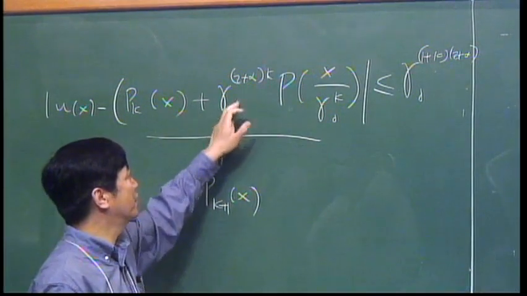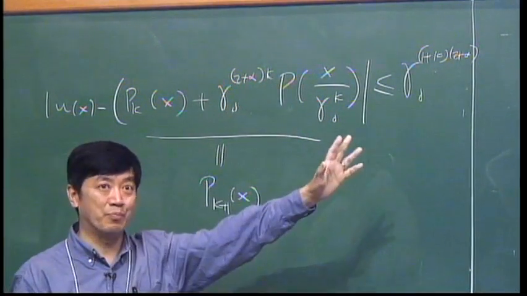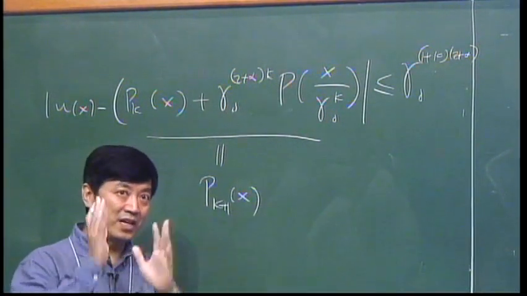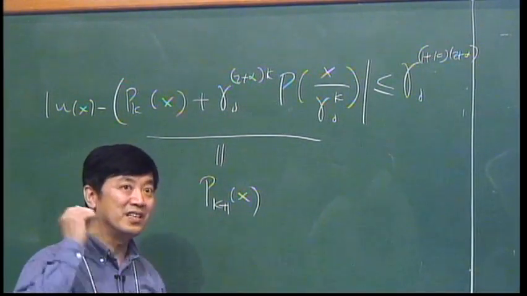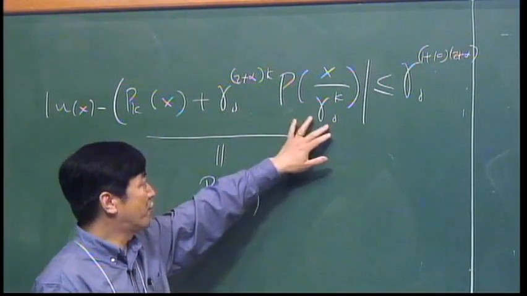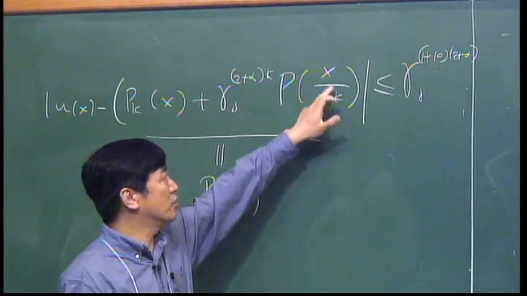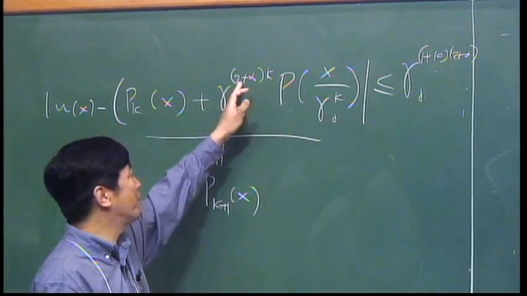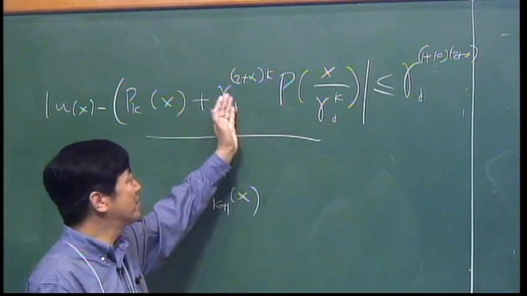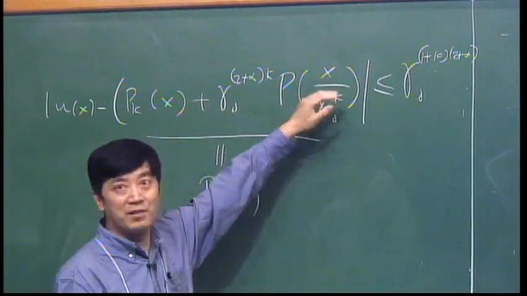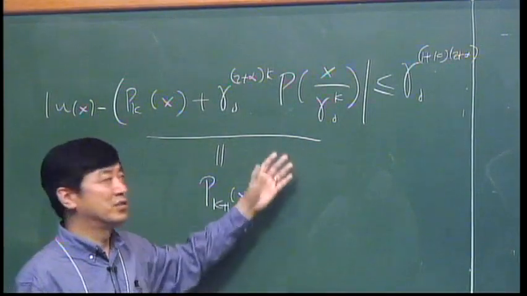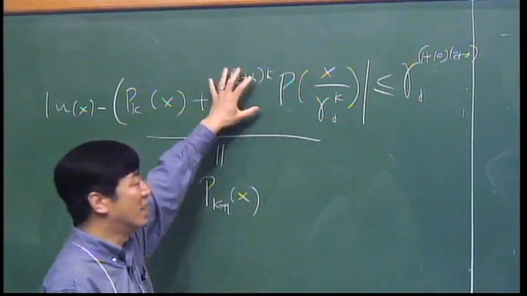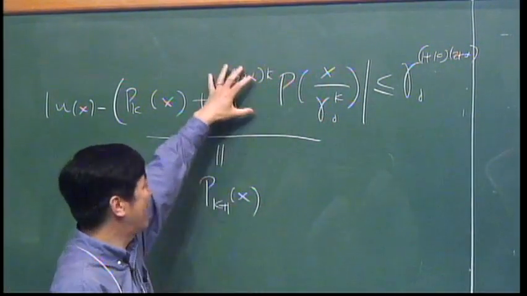So the error is r0 alpha to the k, exactly as I promised. It's r0 to the k times c0. C0, again, is universal. Then the first order derivative is x over r0k times that. So you see the error is 1 plus alpha to the k. The constant term, this change of variable has nothing to do with it. So the constant term is a constant times a bounded constant times that.